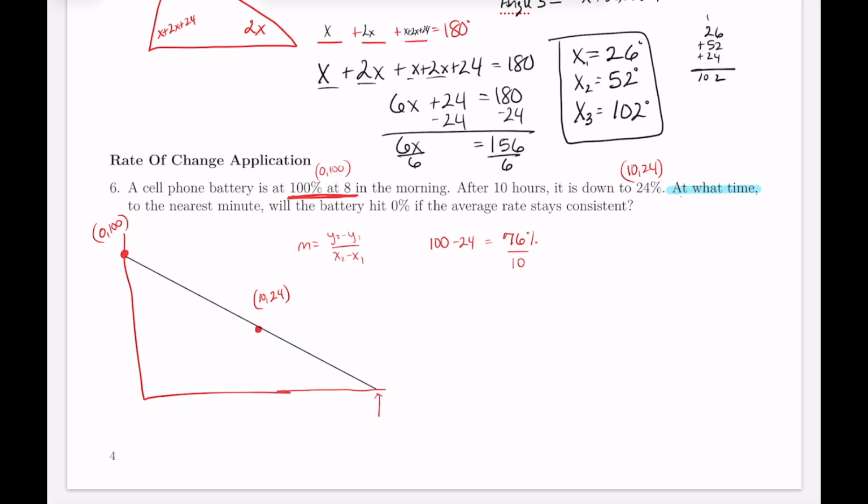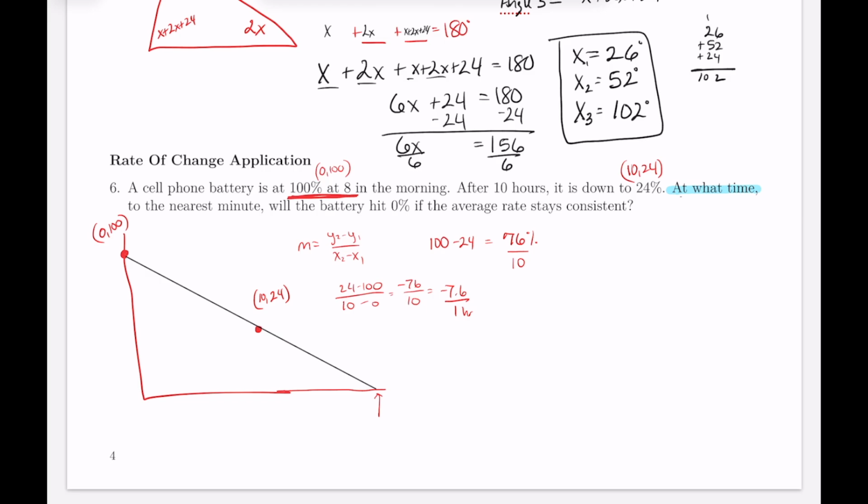So this would be 24 minus 100 over 10 minus 0. That's negative 76 over 10, or negative 7.6 percentage points per 1 hour.